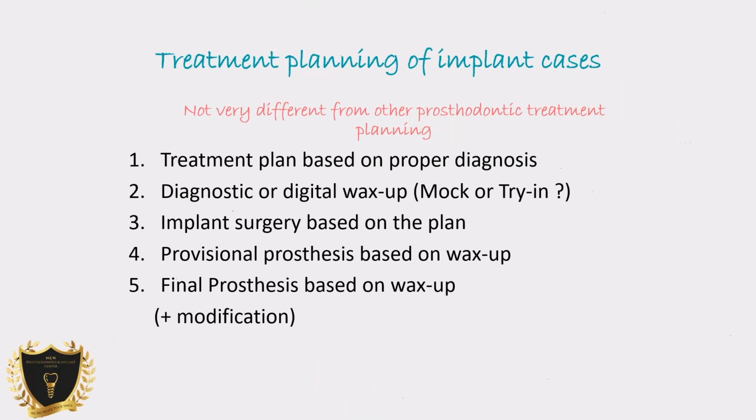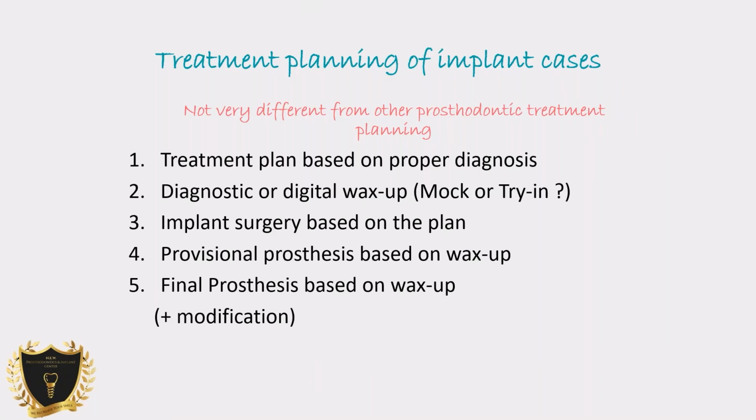So let's start with treatment planning. When we talk about treatment planning for implant cases, whether it's a single or multiple implants or a full arch case, it's not very different from other prosthodontic treatment planning. The basics are still a proper diagnosis, history taking, clinical examination, radiographic findings, scanning, and looking at everything.